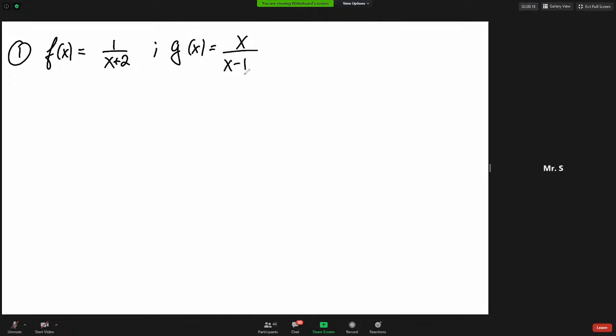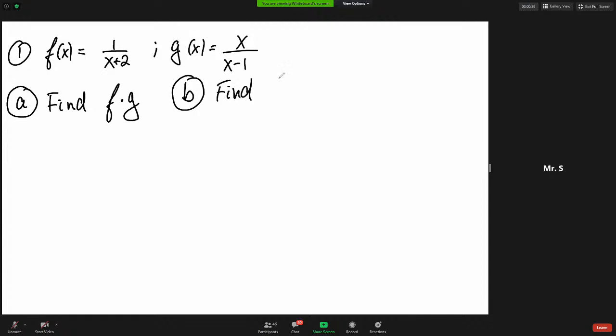And we will consider part A, find the product, and for part B, find the quotient. And we'll also state their domains for both. So state domains.